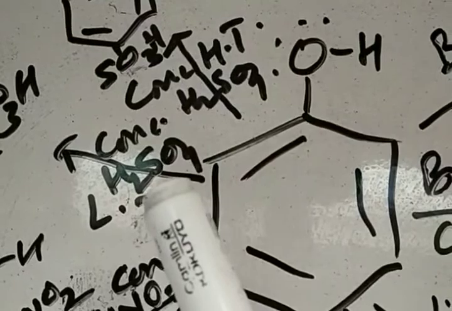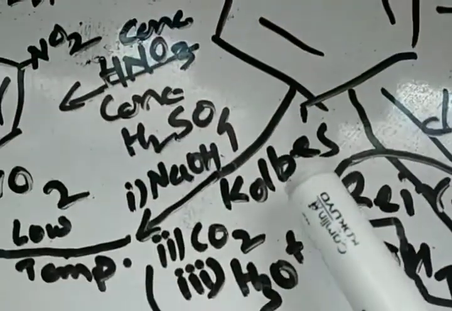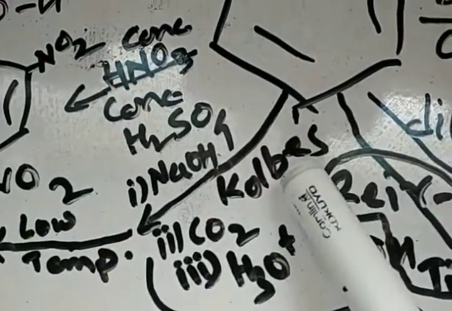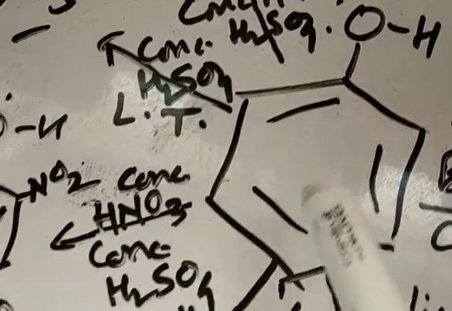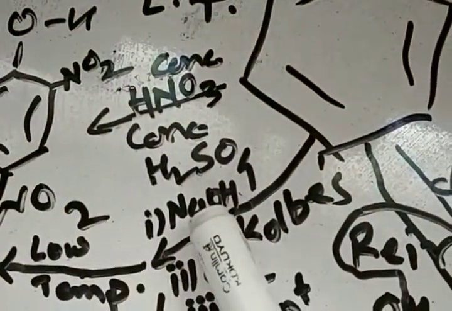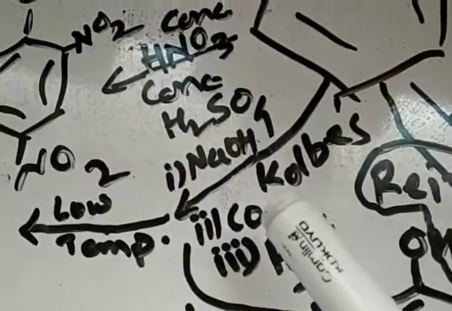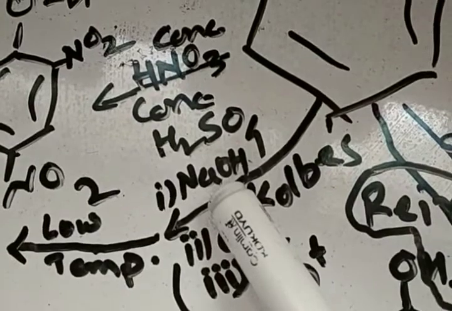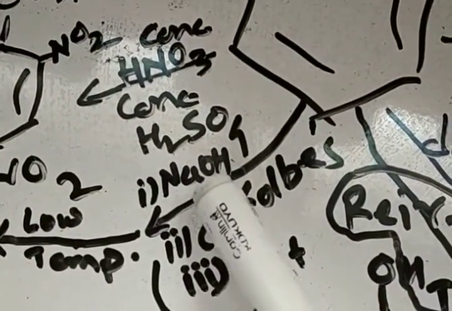The remaining two electrophilic substitutions are named reactions. One is Kolbe's reaction. In this reaction, phenol is treated with NaOH and CO2. CO2 is a weak electrophile, therefore phenol is converted into phenoxide.